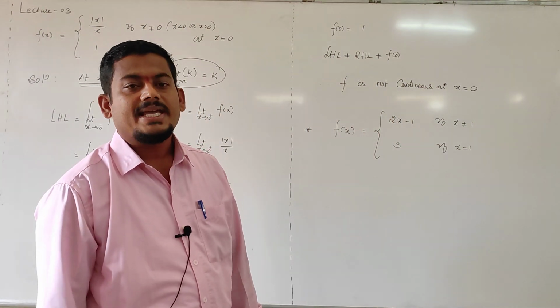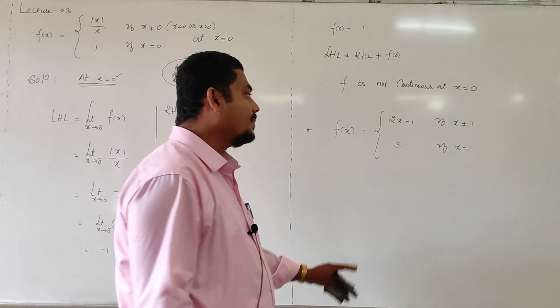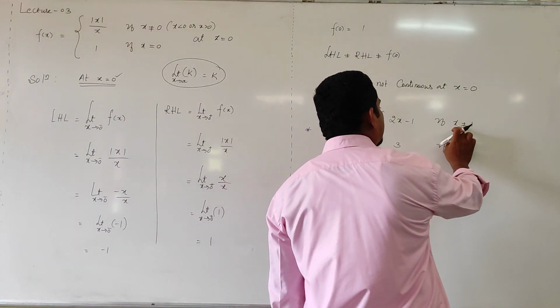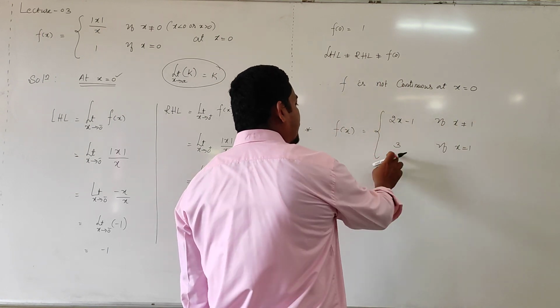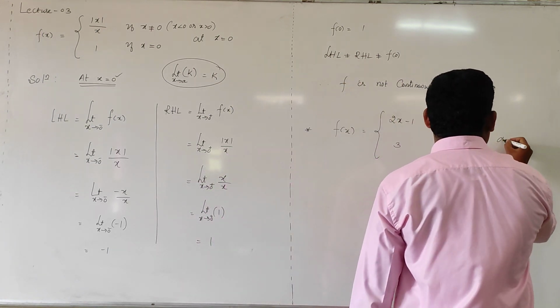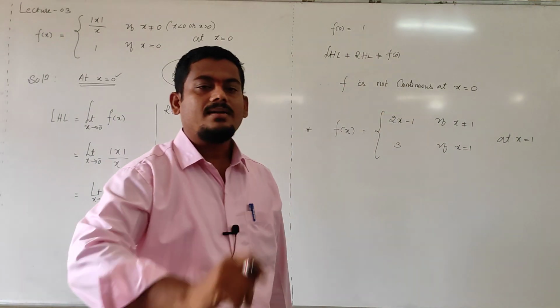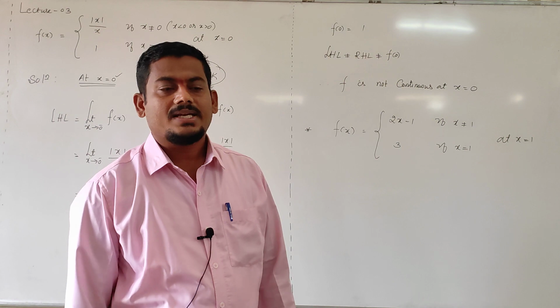Check the continuity or discuss the continuity of the function f of x equal to 2x minus 1 if x is not equal to 1, 3 if x is exactly 1, at x equal to 1. At x equal to 1, verify the continuity.